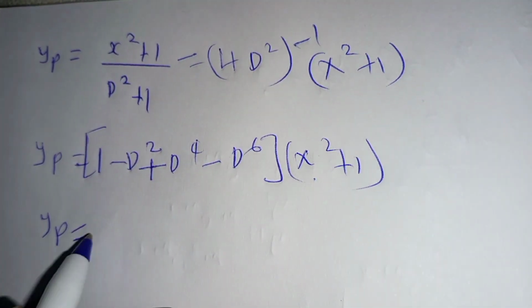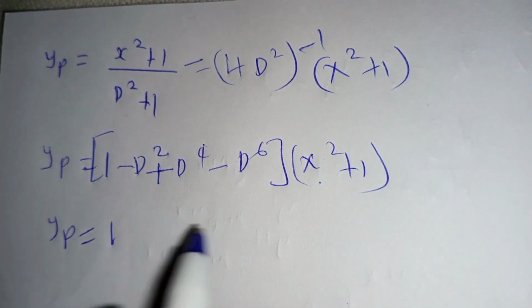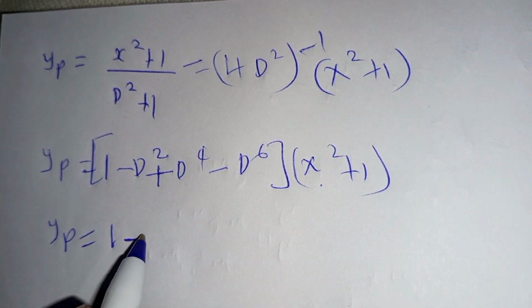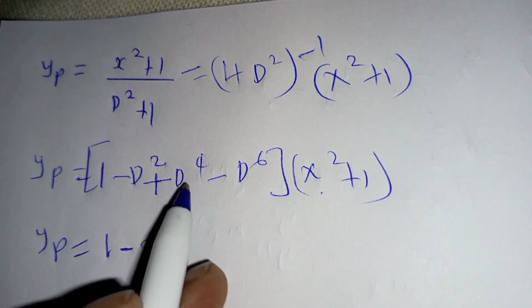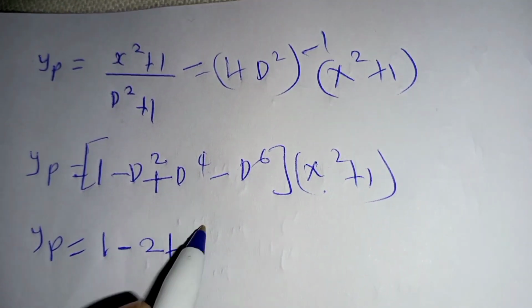Yp is equal to 1 because of this one and this minus 2. The other part then plus x squared.